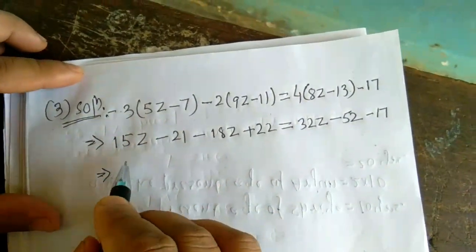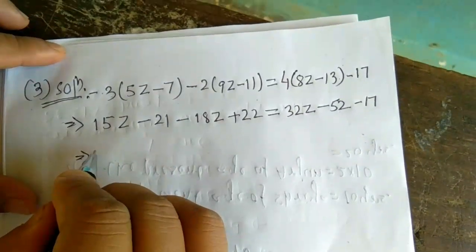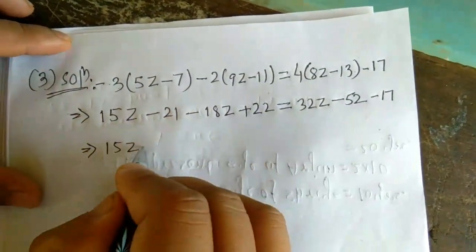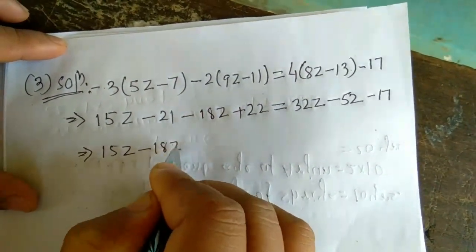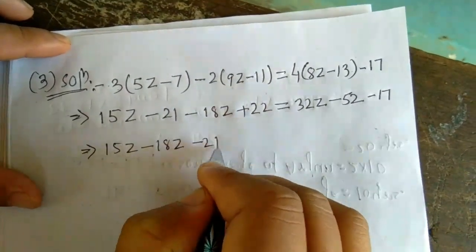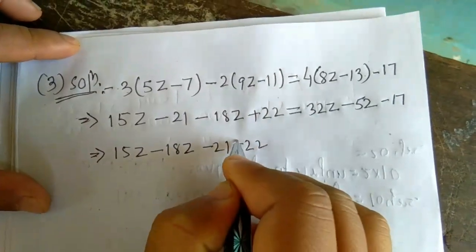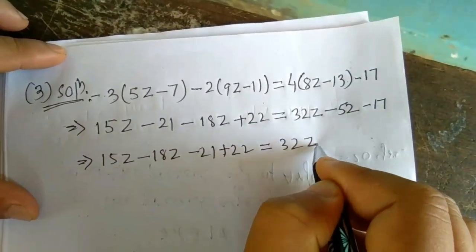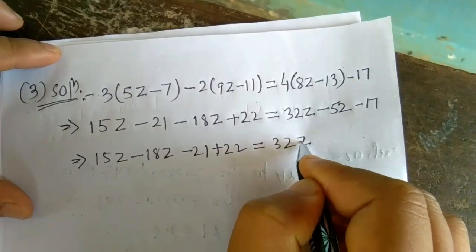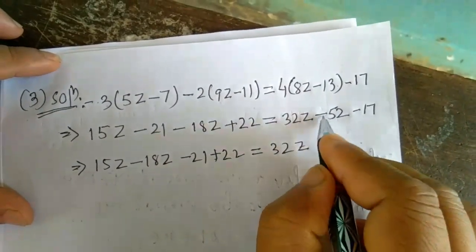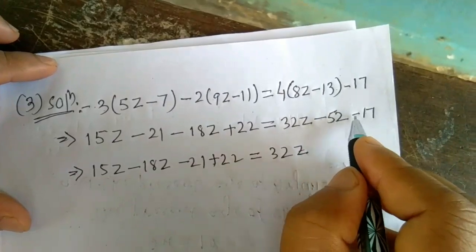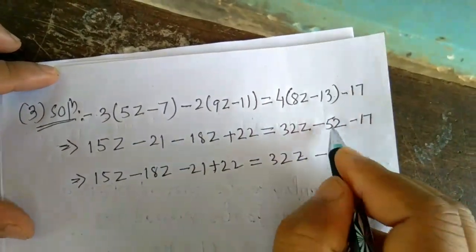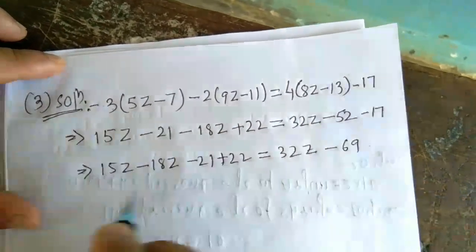Okay, let me arrange. 15z, this is minus 18z, then minus 21 plus 22, equal to 32z. Both are negative, minus 52 and minus 17, so directly you can add: 2 plus 7 is 9, 5 plus 1 is 6.